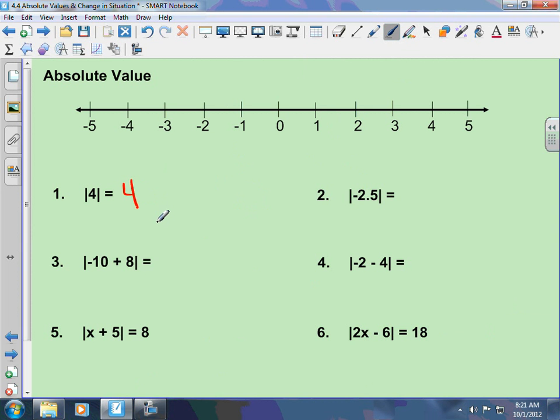A lot of people want to make it the opposite sign. No, absolute value is always positive. The absolute value of negative 2.5 is 2.5. 4 is positive 4 because it is 1, 2, 3, 4 numbers away from 0. Absolute value is distance. Negative 2.5 is 2.5 numbers away from 0. So that's why it's positive.